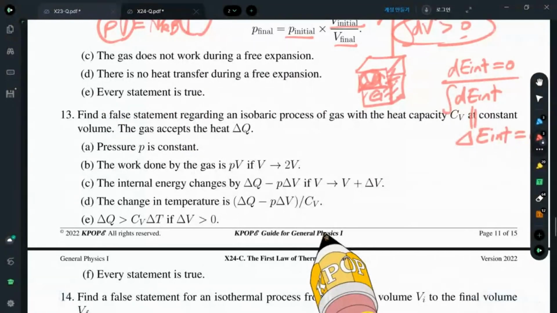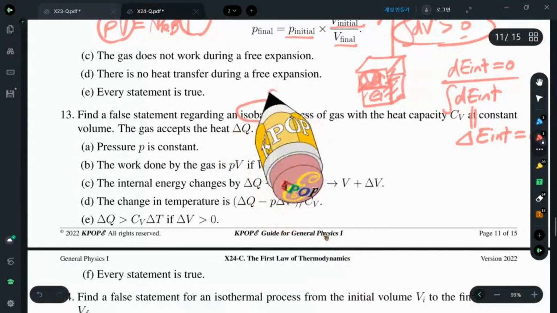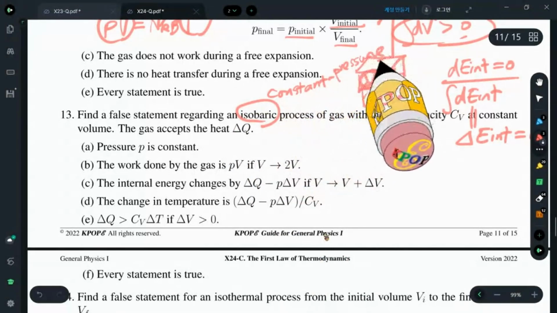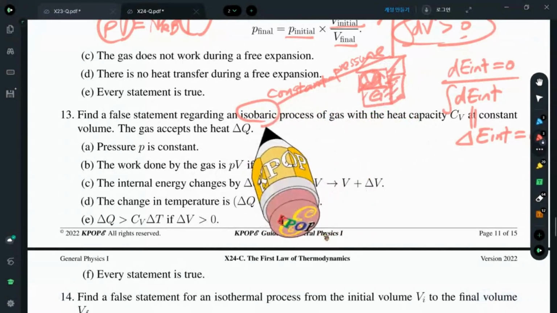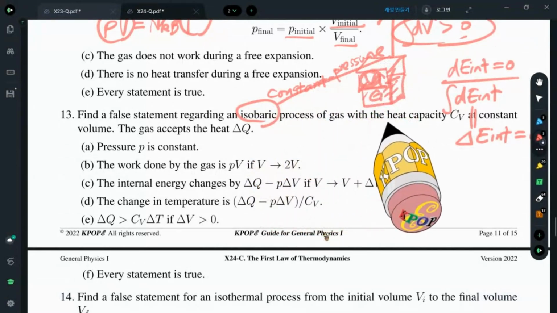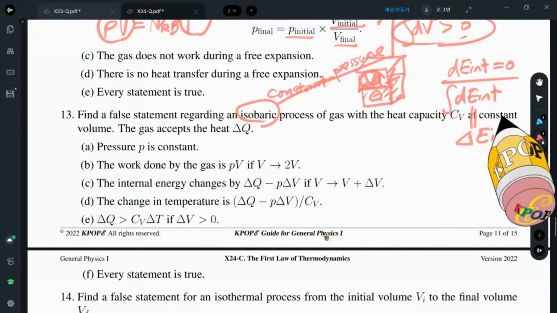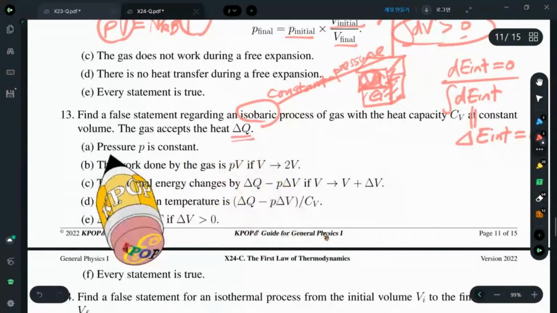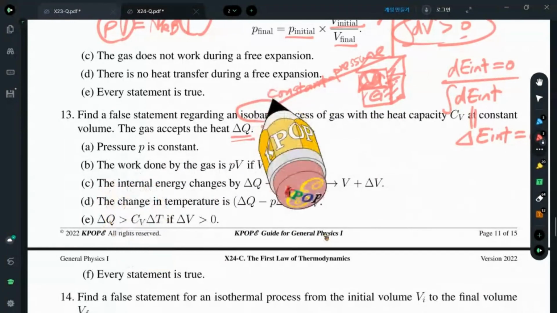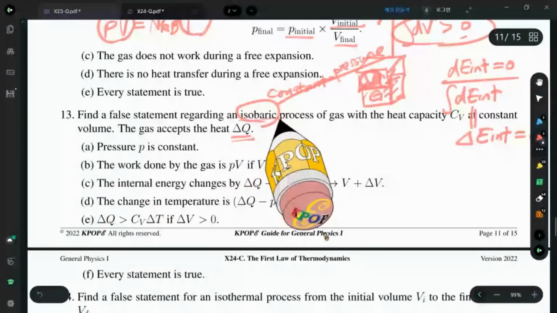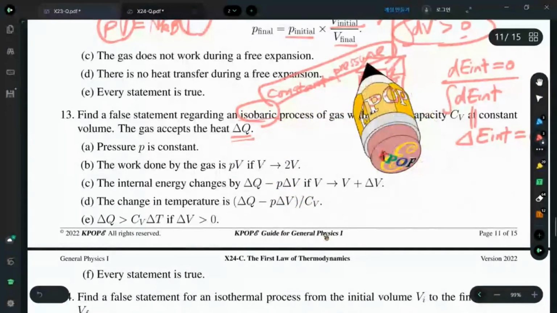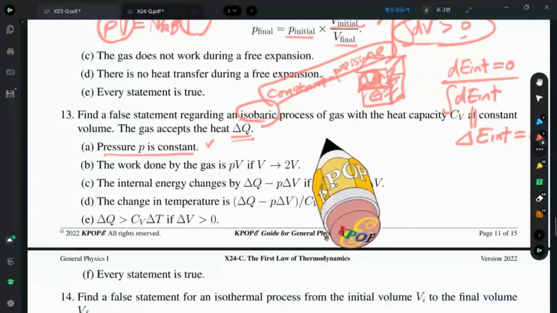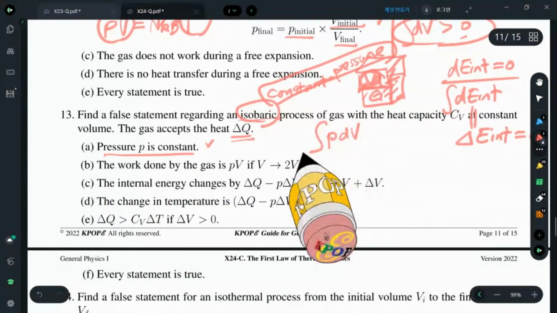Find the false statement regarding an isobaric, constant pressure, process of a gas with heat capacity CV at constant volume. The gas accepts the heat delta Q. Pressure P is constant. By definition, an isobaric process is a constant pressure process, so that's correct. The work done by the gas is the integral of PdV.